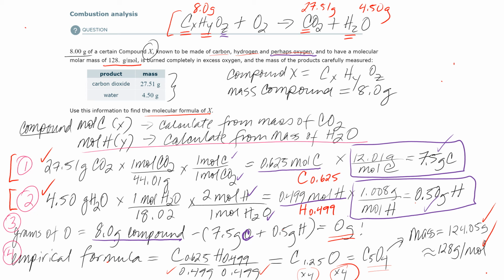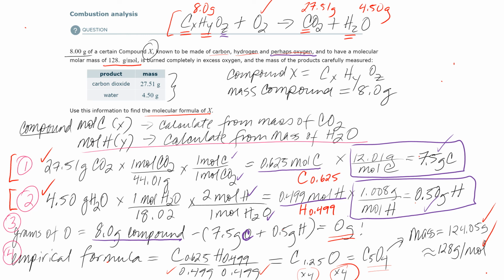Oxygen is a little trickier. We burned our compound in oxygen, so we don't know whether the oxygen in the carbon dioxide and the water is coming from the oxygen that we used to burn our compound, or whether it's coming from the oxygen that is in our compound, if any.